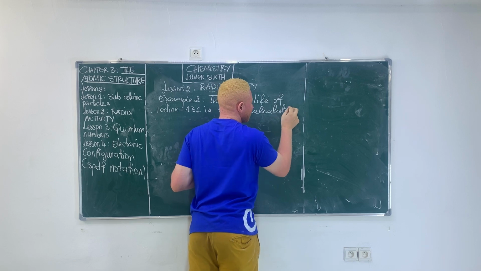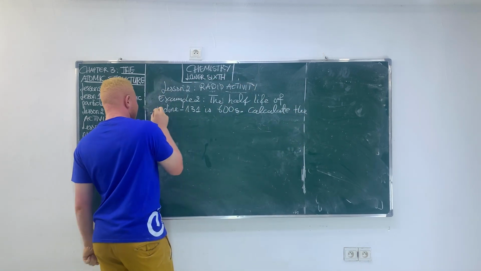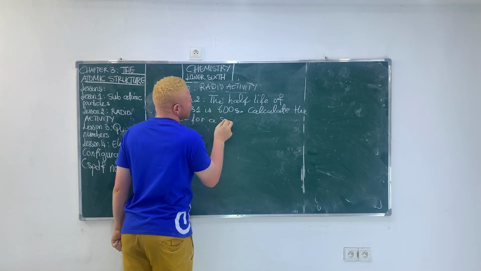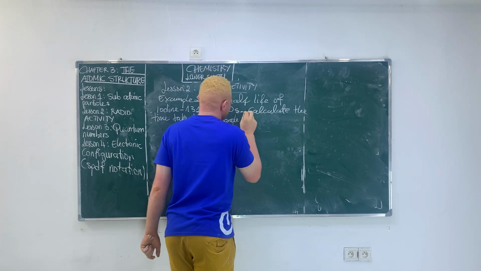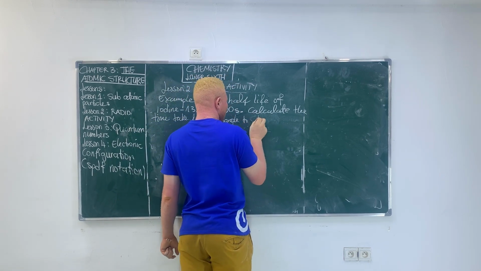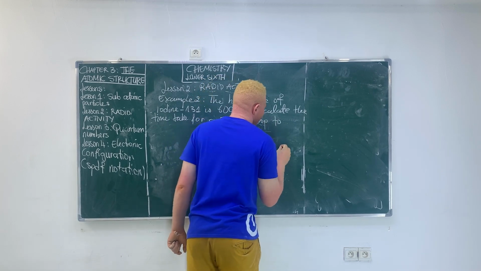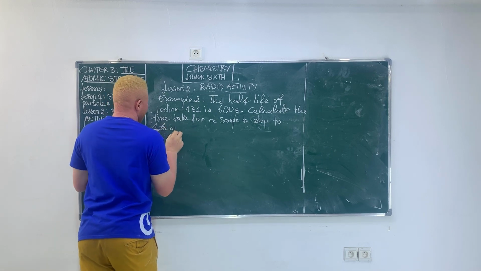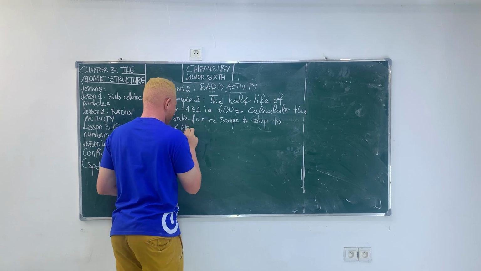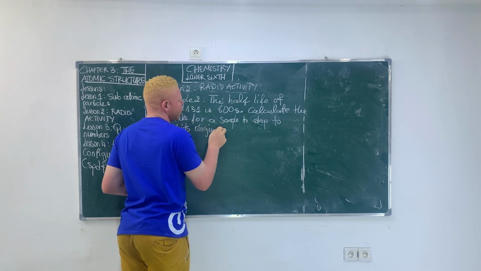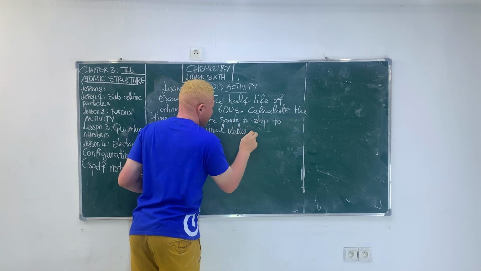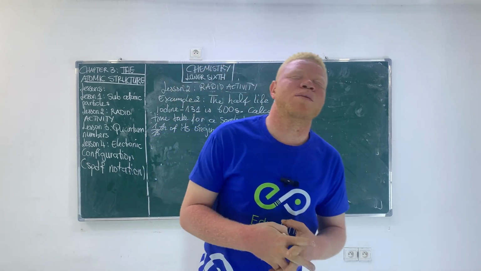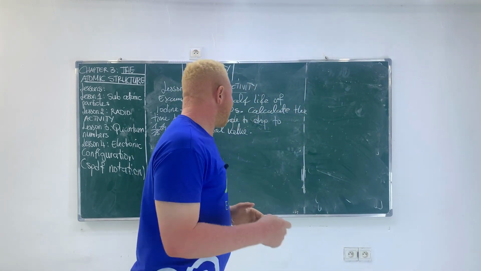Calculate the time taken for a sample to drop to 1/16 of its original value. So we have to calculate the time taken for a radioactive sample to drop to 1/16 of its original value.